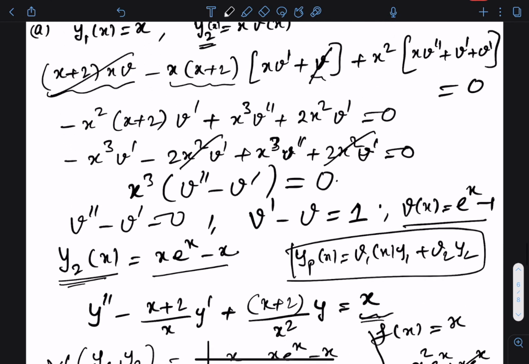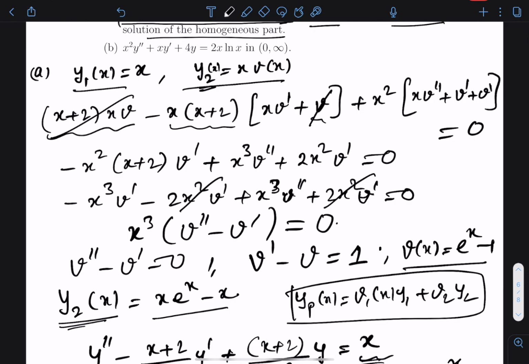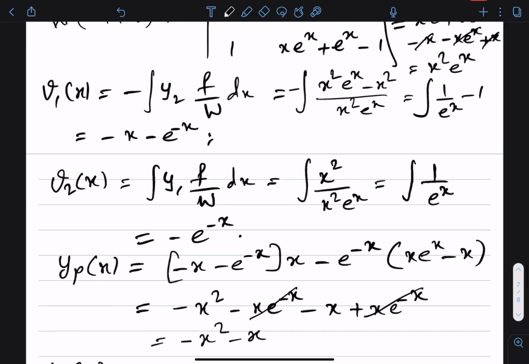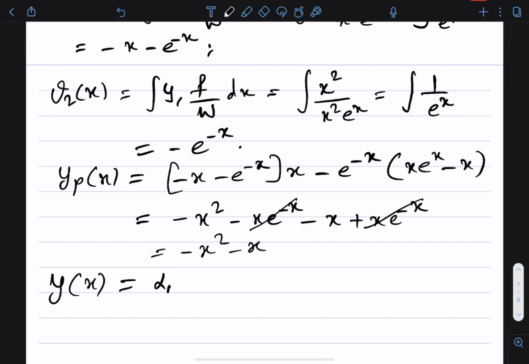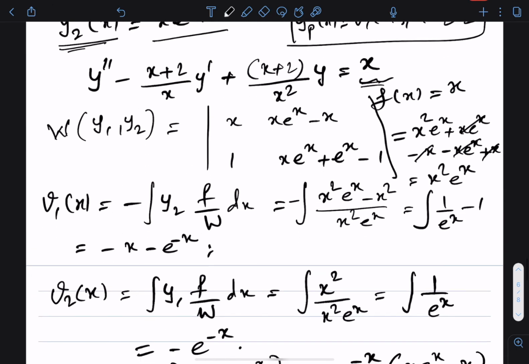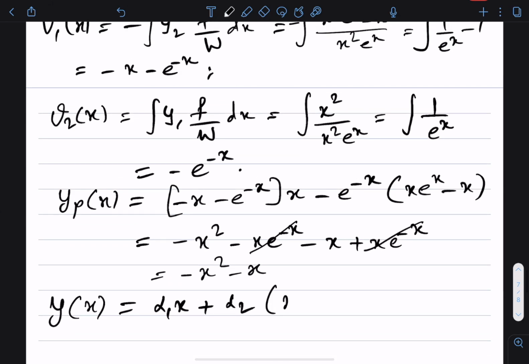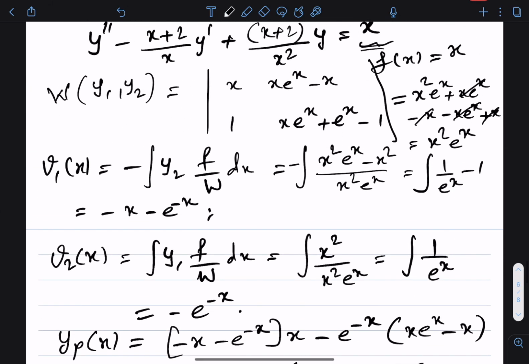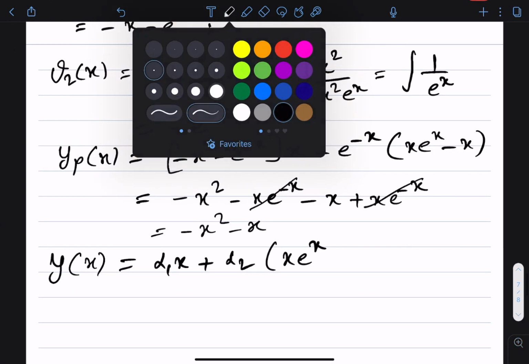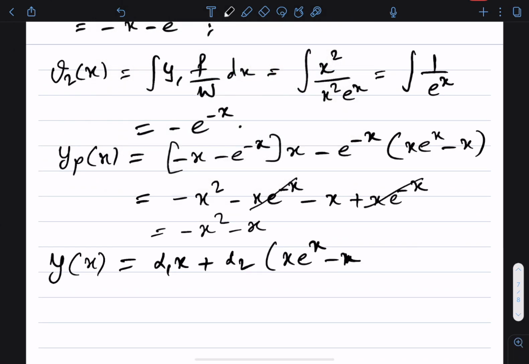Okay, I didn't write it, but anyway, we know these two solutions, right? So it's a linear combination of that. So it's, say, alpha 1 x plus alpha 2 x, e power x minus x square minus x.